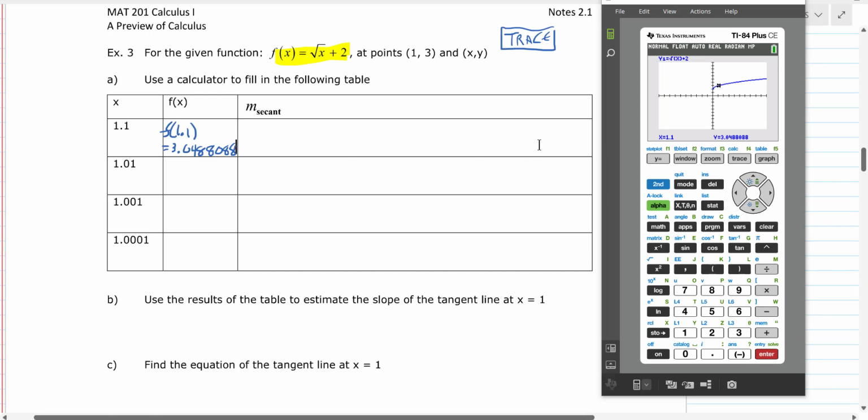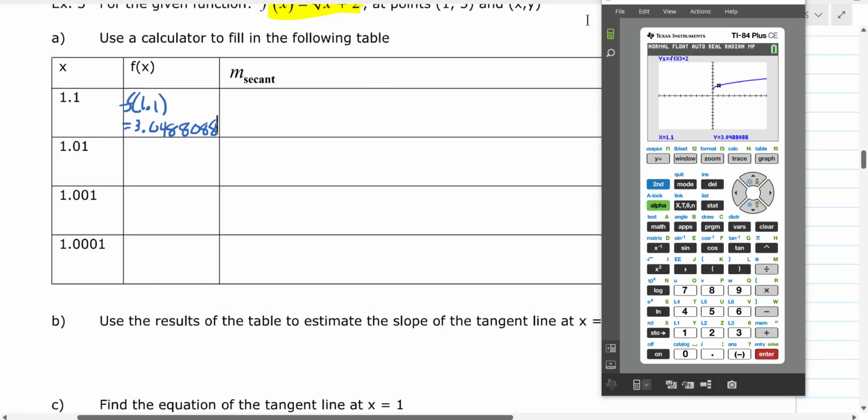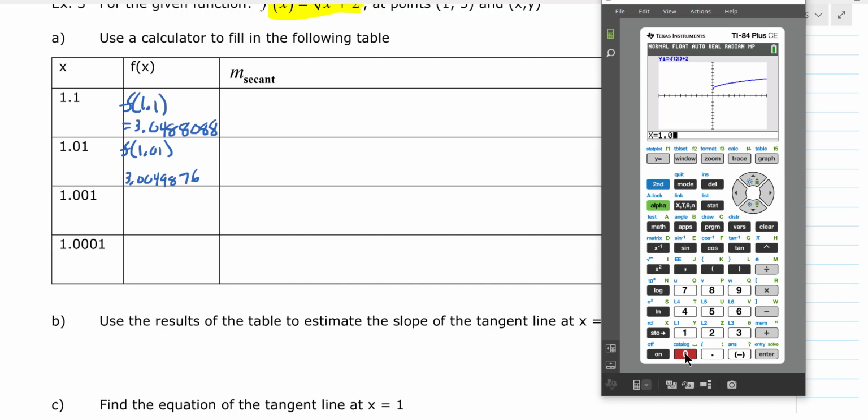Okay. And then when I go to this next one, again, I can trace again at 1.01. And I'm going to record what I get here. It'll be a little different. So we have f of 1.01, that looks like it's 3.0049876. Okay. And then usually on a calculator, you only have to type the trace once. I'm now going to trace at 1.001 and record what I get.